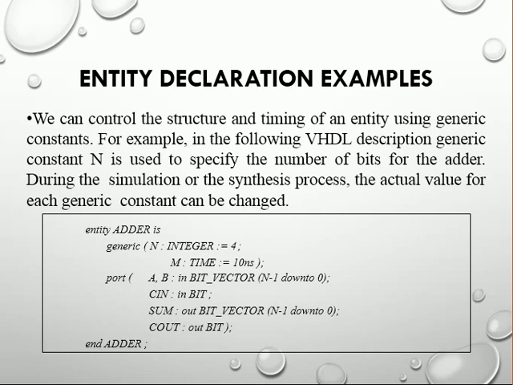Then output carry, that is Cout colon out mode, and then bit type. Bracket complete, semicolon, end of the entity, that is end and entity name, semicolon. So this will be the end of the entity. Here we have mentioned the generic constants in this entity declaration. We will go again into details about this, how we are going to write the types and all that, afterwards.